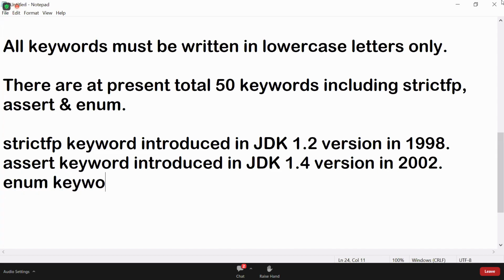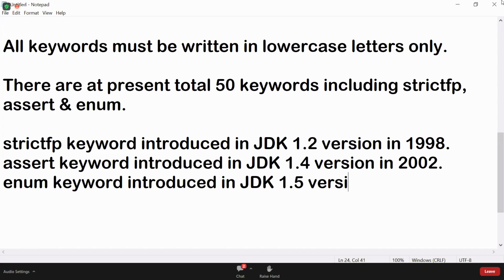Enum keyword was introduced in JDK 1.5 version in 2004.